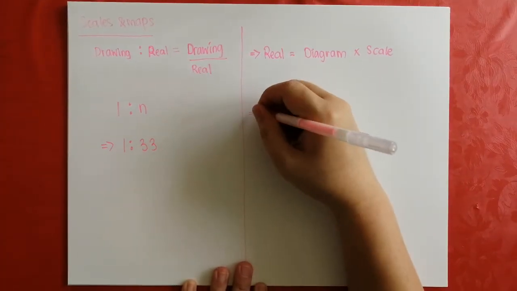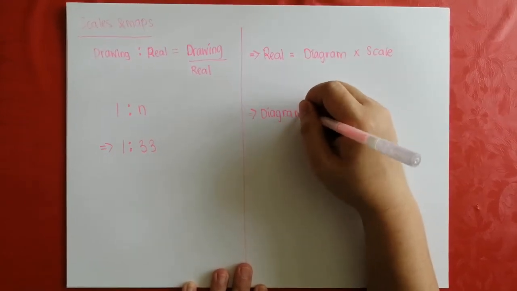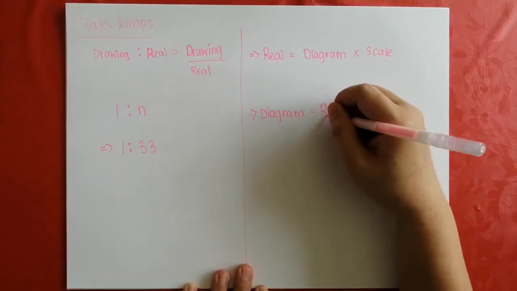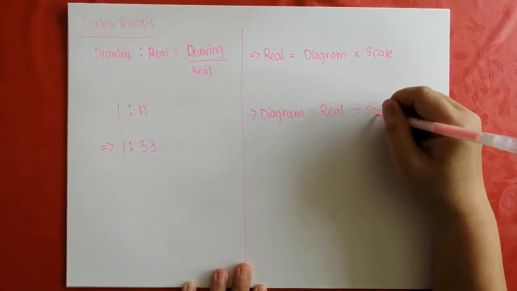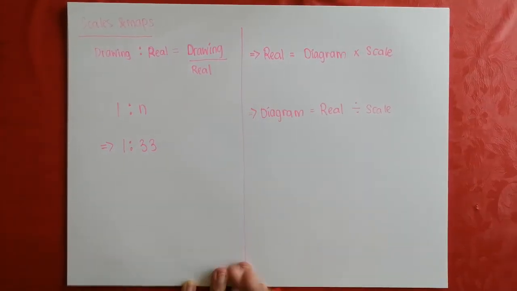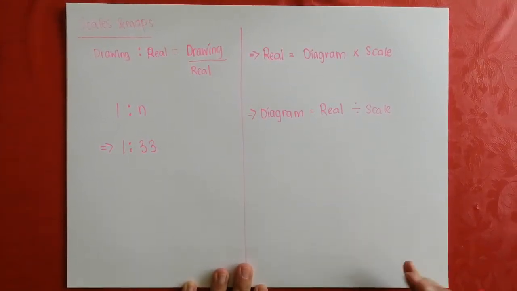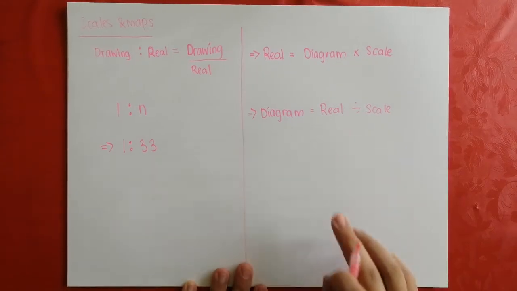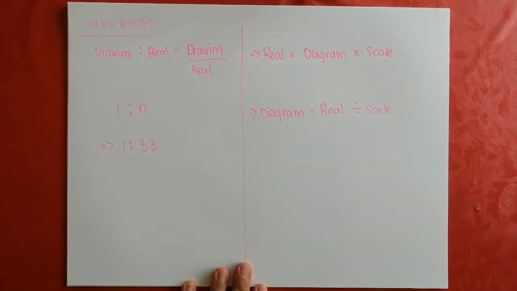Whereas if you are asked to find the diagram length, you need to divide the real length by the scale, because the diagram, the model, or the one on the map should always be smaller compared to the real object. Therefore a division occurs there.